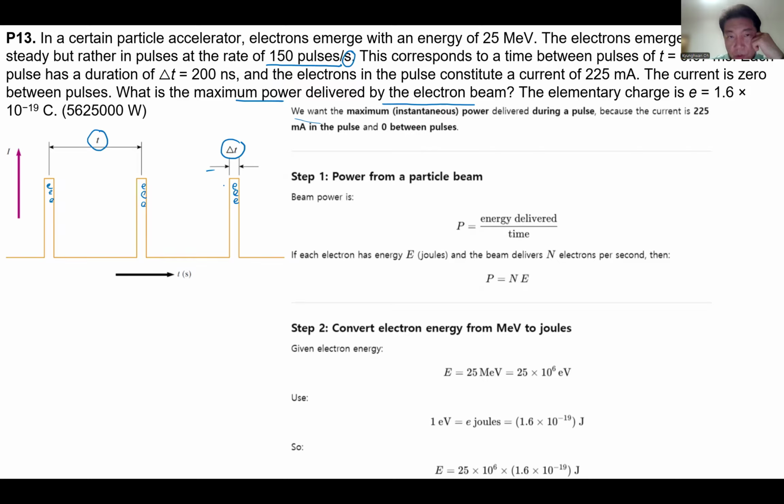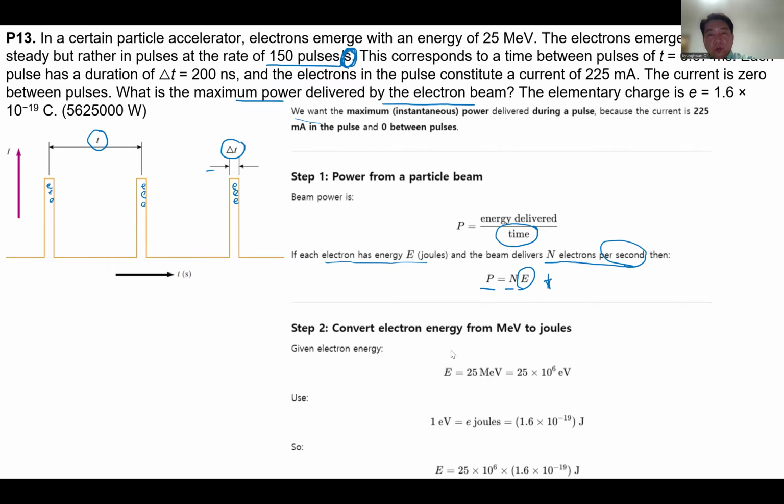If each electron has an energy E and the beam delivers n electrons per second, the reason we talk about per second is that the pulses per second is given, so that we have the time dimension here. Then power is given by n times E.